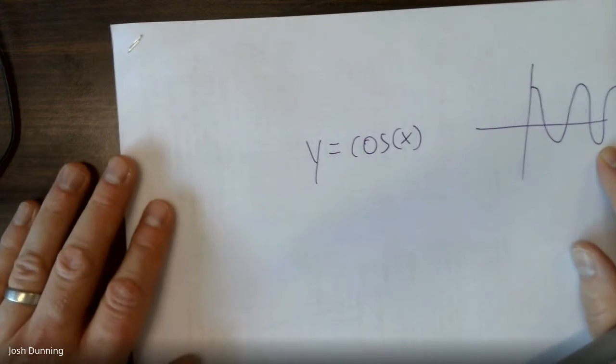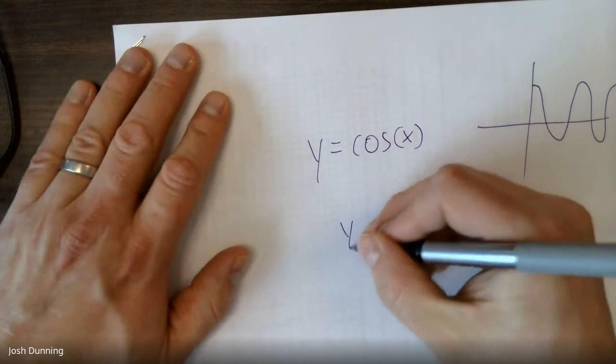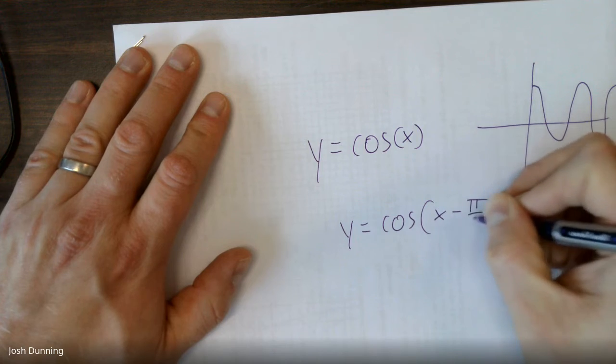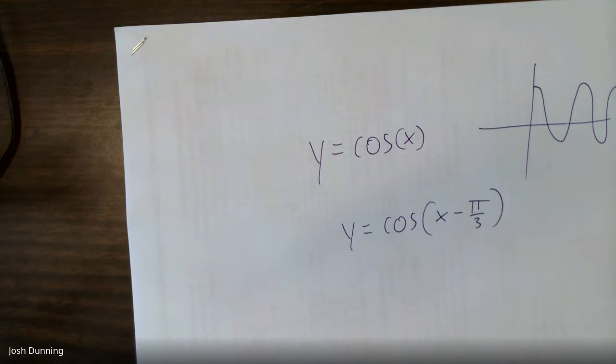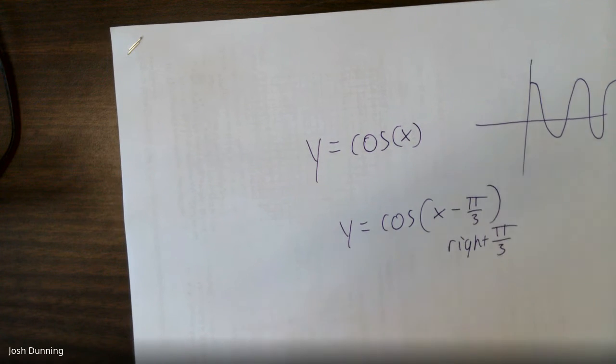It's a really crappy drawing. Sorry, it's just a wave. We'll get there eventually. Then it asked, how would it change if I have a minus pi over 3 inside the parentheses? Now, we haven't even done this yet. The shifts still work like what we went over before, right? Pi over 3. There you go.